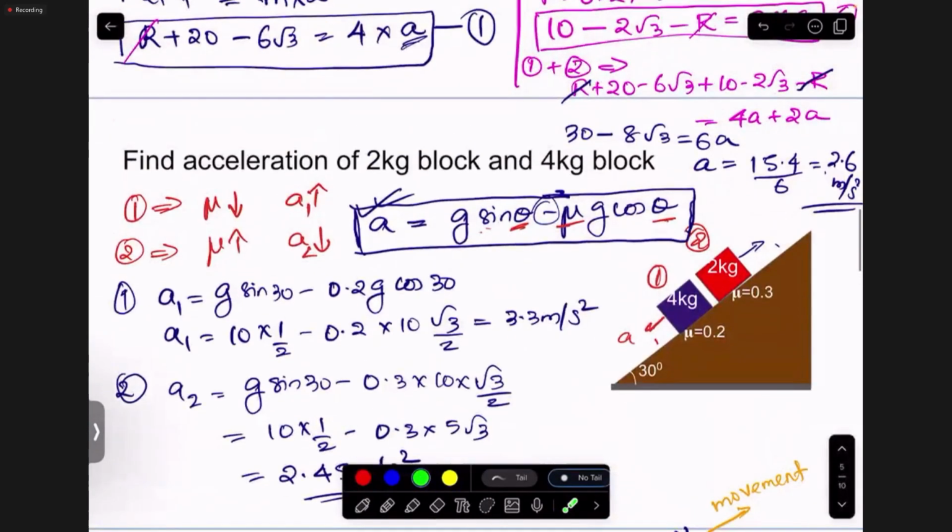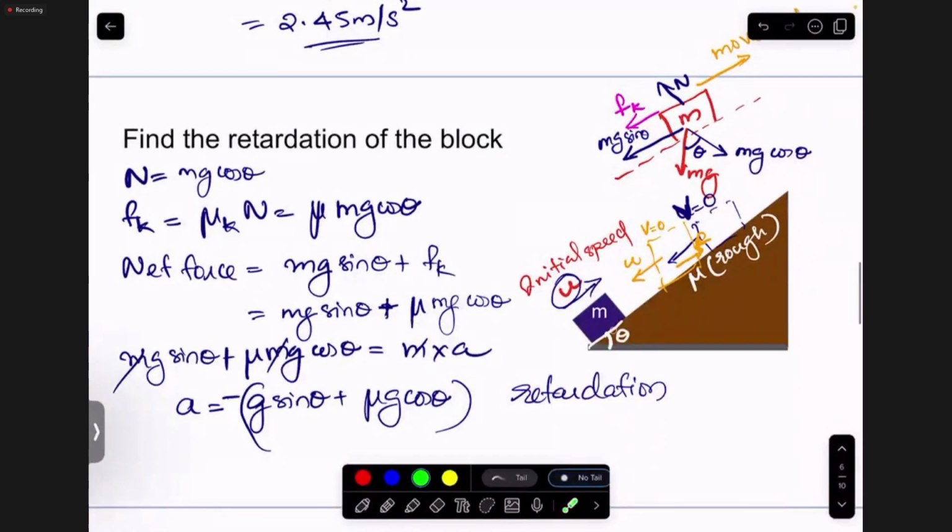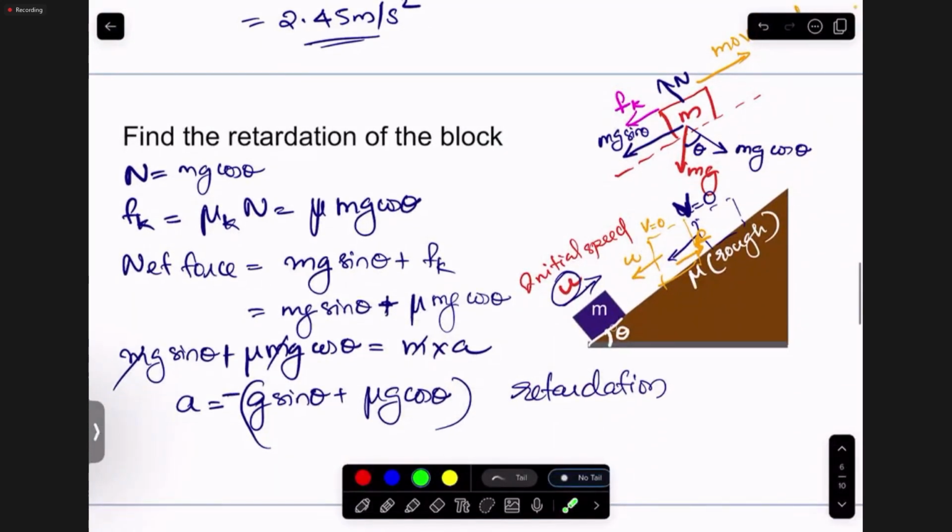That will be this condition, right? And eventually, depending on the mu value, it will come to zero acceleration, and then it will reach downward again. Okay, that is how this problem works.